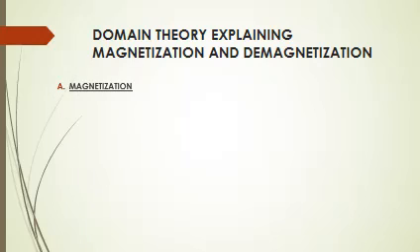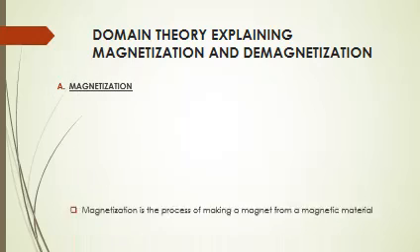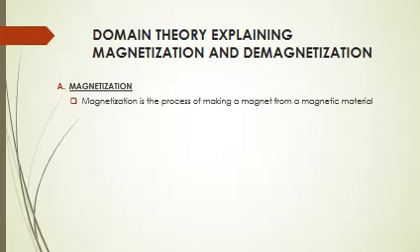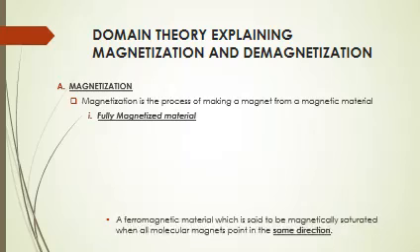Now let us start with magnetization. We already defined magnetization as the process of making a magnet from magnetic materials such as iron or steel. Now let us see how domain theory can help us to explain the fully magnetized material.